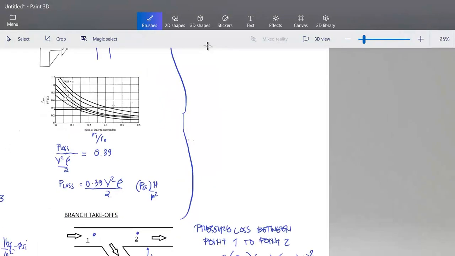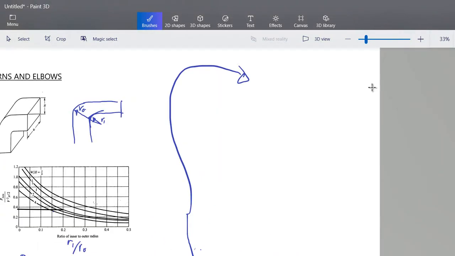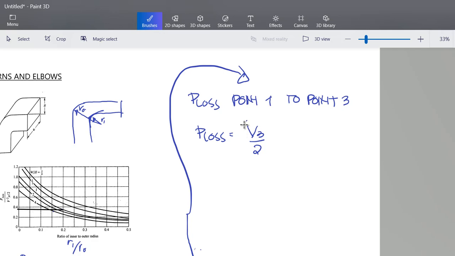Okay, so for the pressure loss P loss going from point 1 to point 3, okay, it is expressed as P loss, which is equal to your velocity 3 divided by 2, so this is squared, then times the density of your air, then multiply it by the geometric factor.